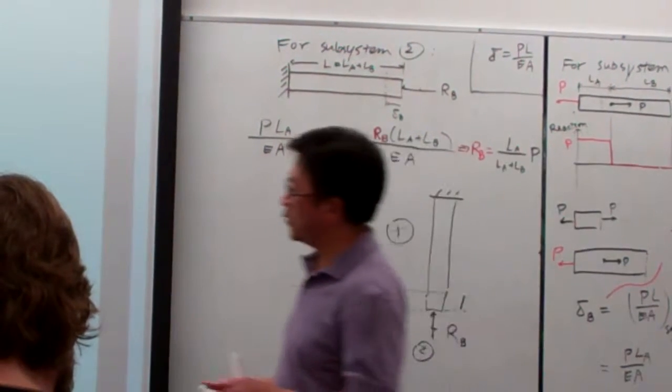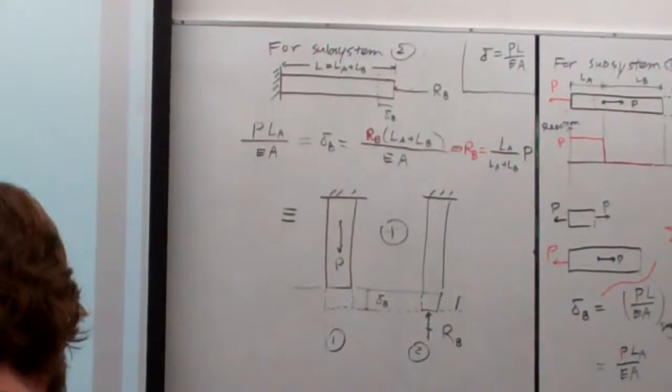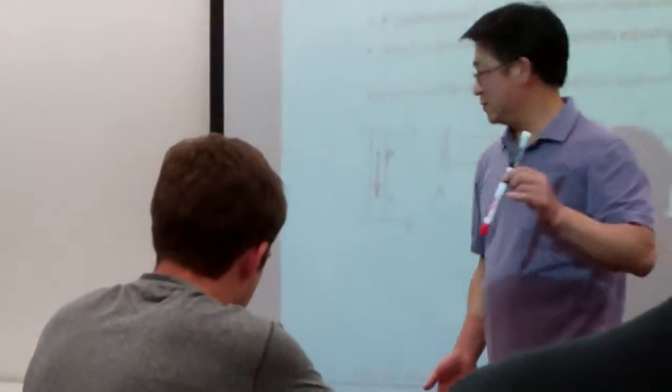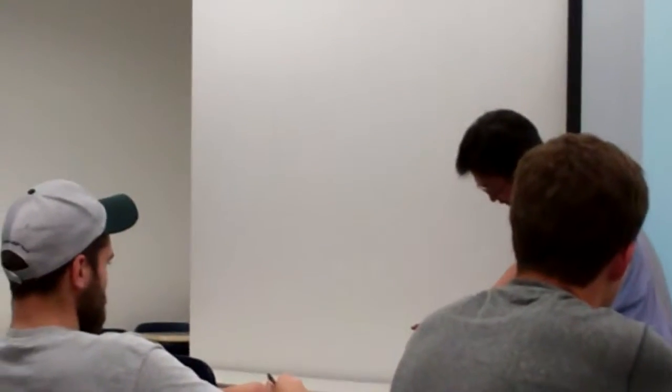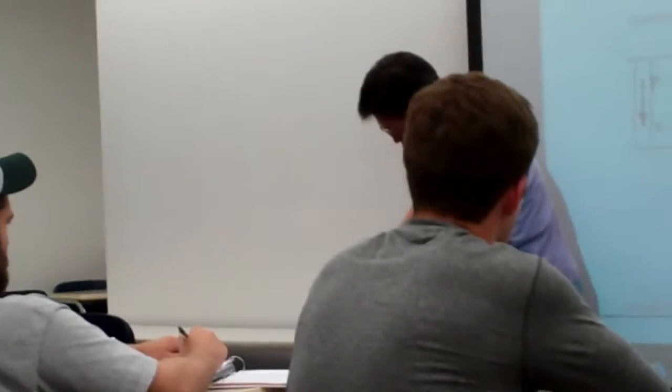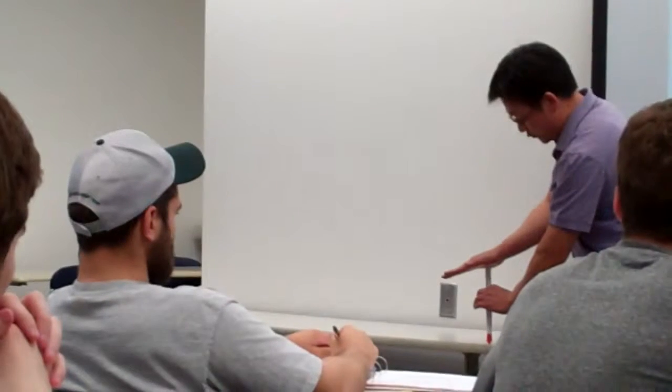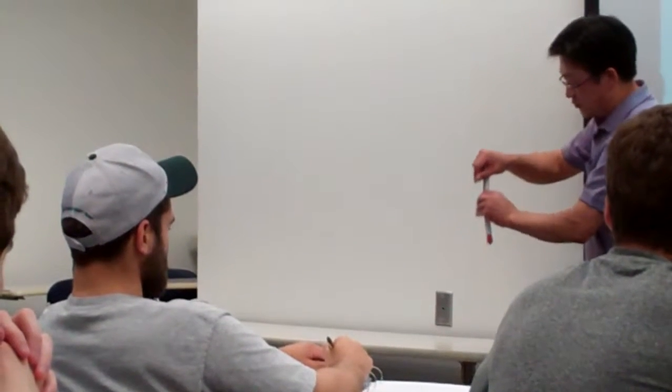So back to our original problem. If that is a bar, and I apply the loading, so the top is fixed, the bottom is fixed, and I try to open this gap, supposed to be like this, right?